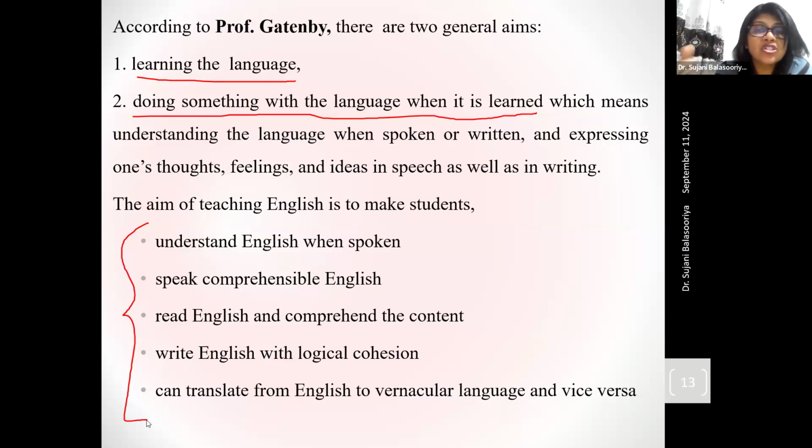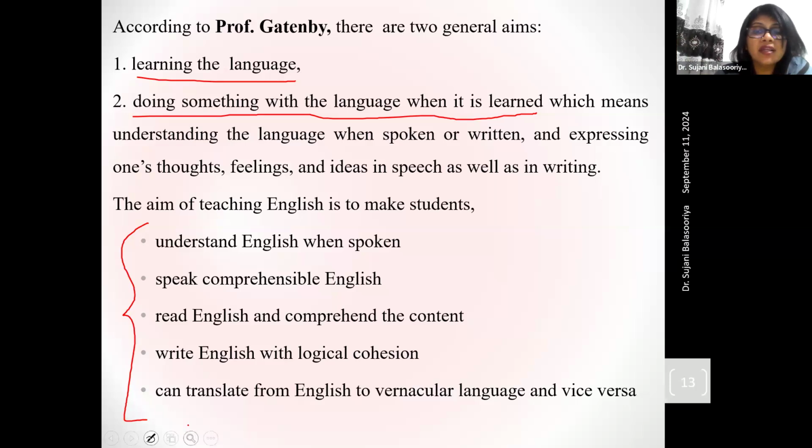The students should be able to understand English when spoken. That means listening skill. That's one. Another one, speak comprehensible English. So this is speaking skill. Students should be able to speak English which is clear and understandable to others.